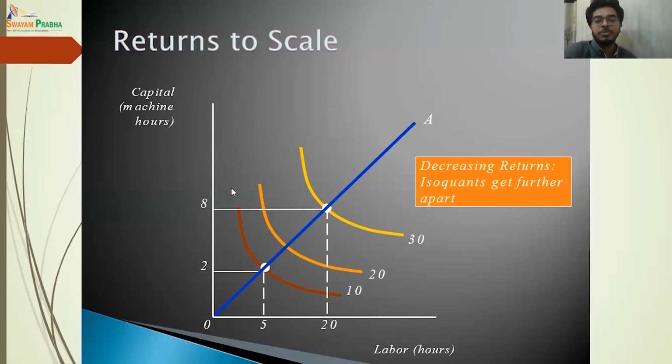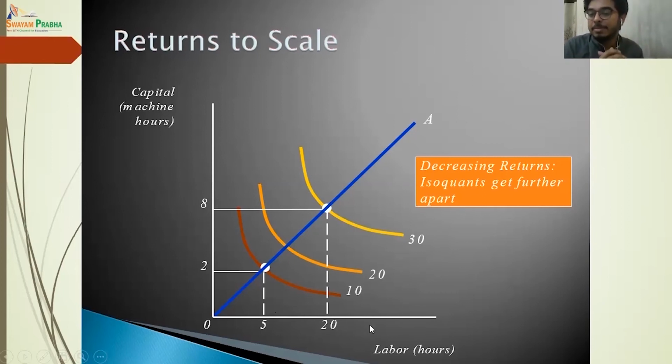What we observe is that with 2 capital and 5 labor, I am producing 10 units. Whereas with 8 capital and 20 labor, right? Initially I was producing with 2 capital and 5 labor. Right now I am producing with 8 capital and 20 labor.